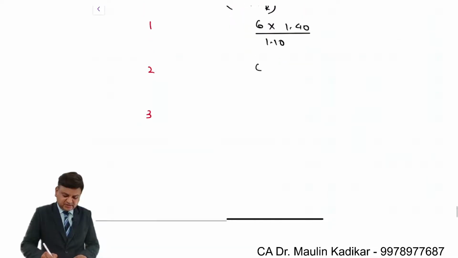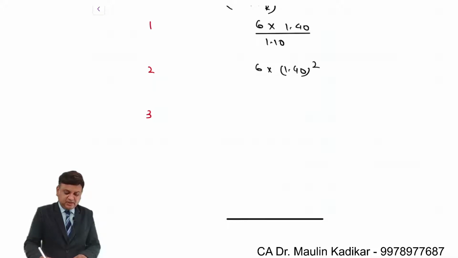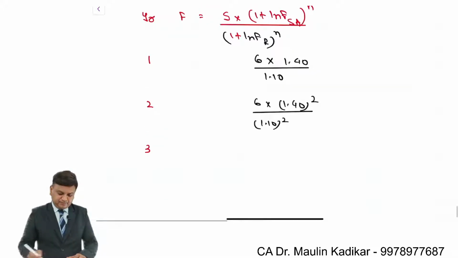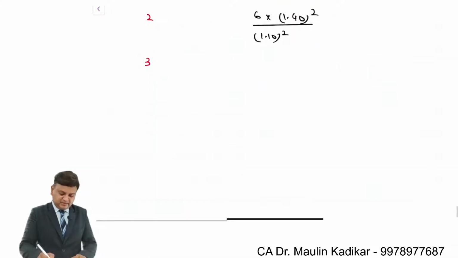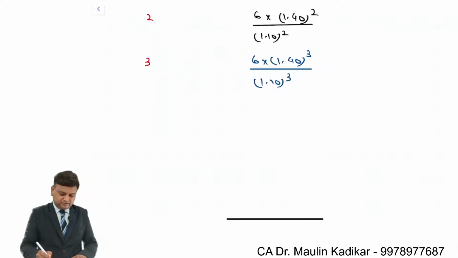For the second year it is 6 into 1.40 raised to 2, that is, we make an assumption that the inflation rate is on an annually compounded basis, divided by 1.10 raised to 2. For the third year, similar working, 6 into 1.40 raised to 3 divided by 1.10 raised to 3.